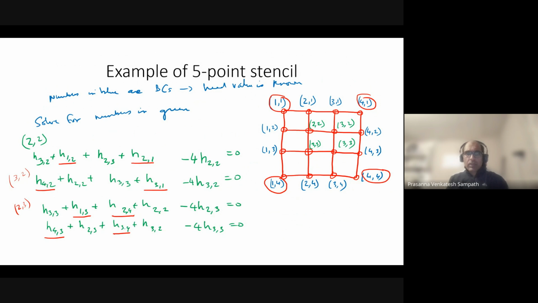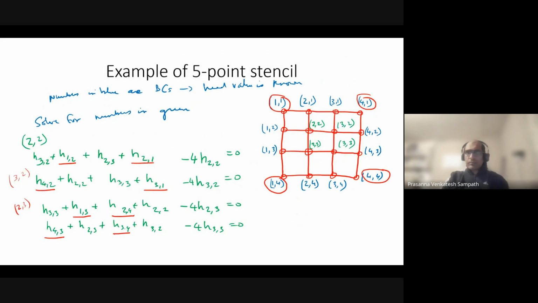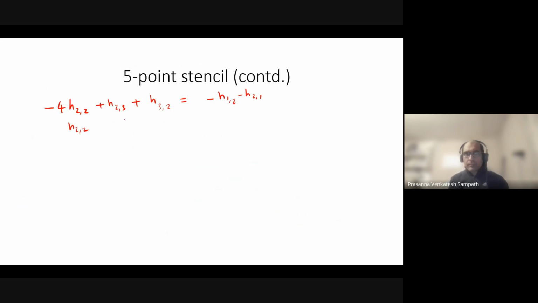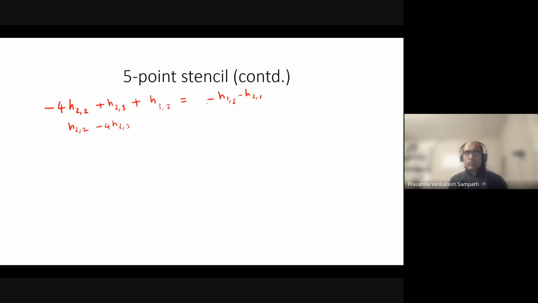So here h of 2 comma 2 minus 4 h of 2 comma 3 plus h of 3 comma 3 equal to some term in the right hand side.